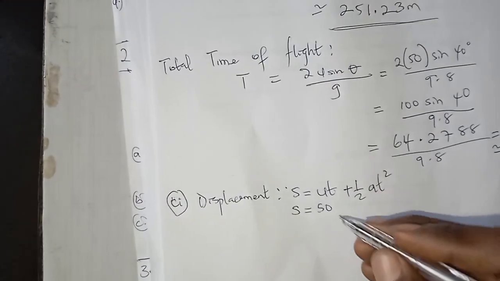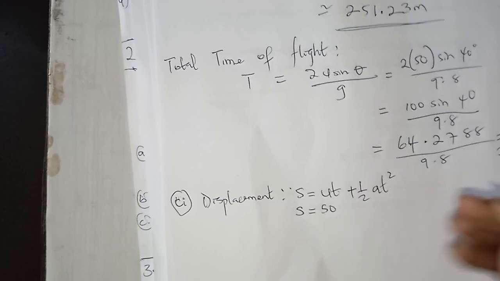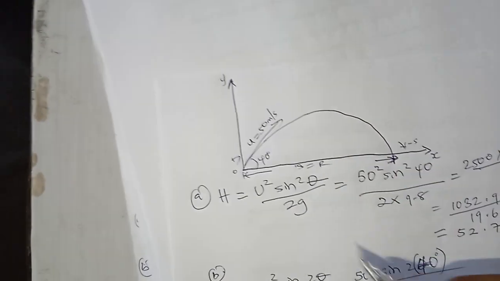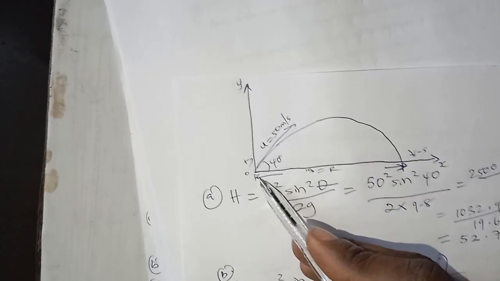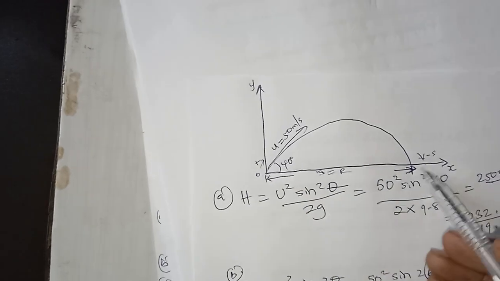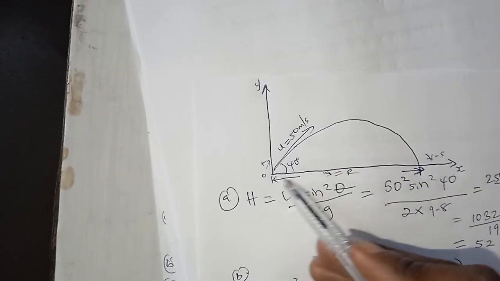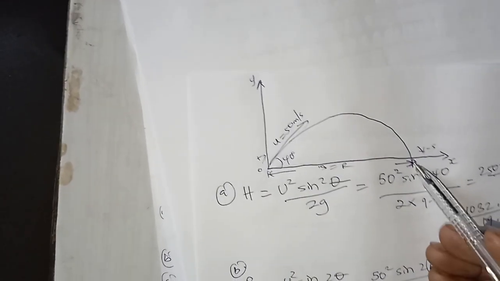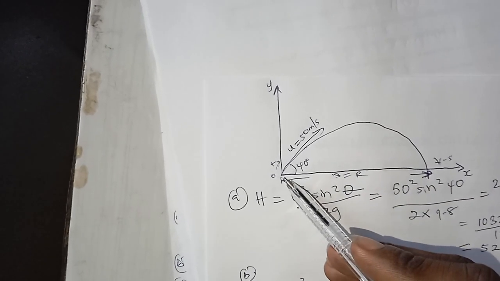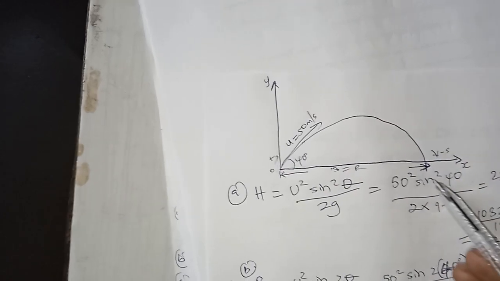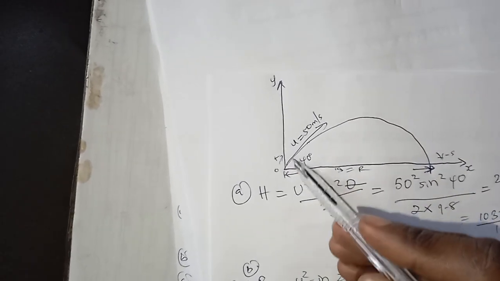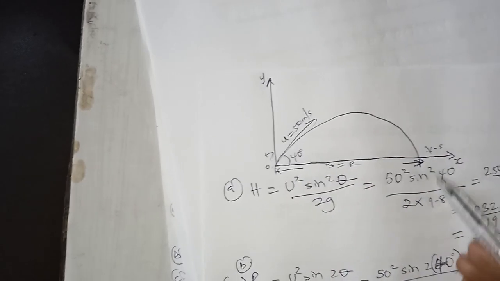If I choose to find from this point to this point, this is what we call range, the total horizontal distance, the horizontal displacement. But since they said displacement of the projectile, that is both on the vertical axis and on the horizontal axis, they want me to find everything that happened here.